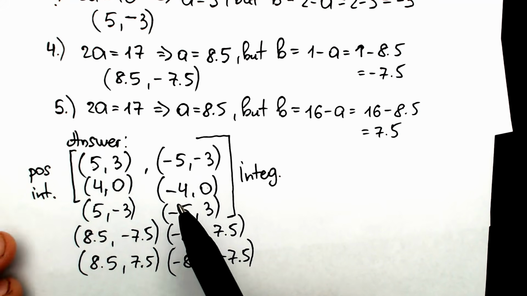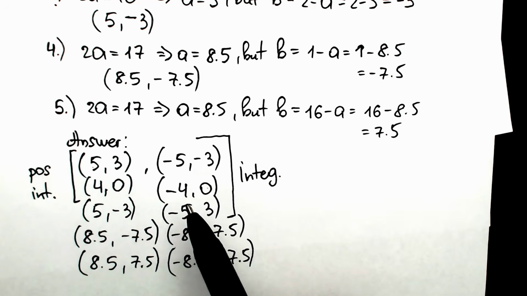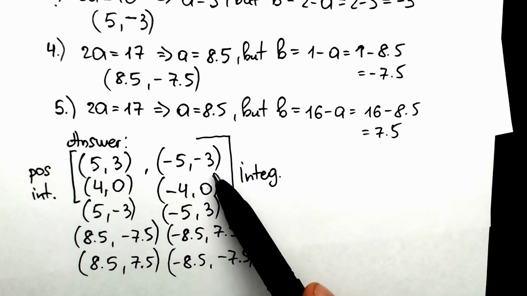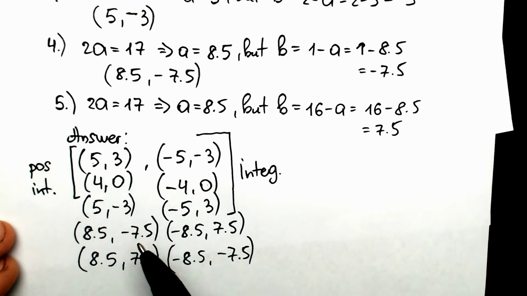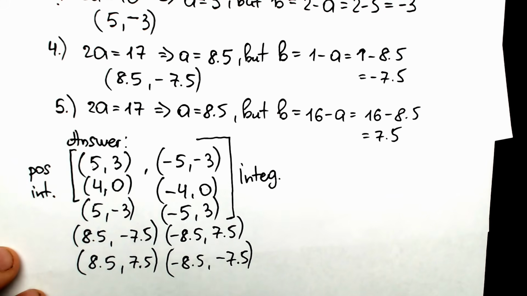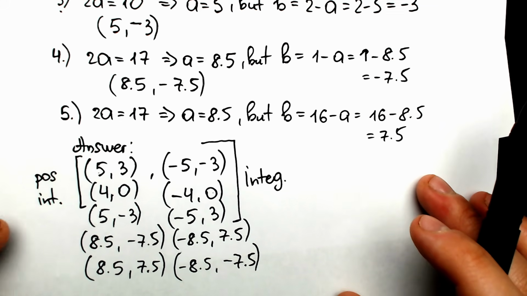So basically it depends on what you need to solve this equation for. If you need to solve it for positive integers, this one. If you want to solve it for integers in general, you need to write this one. If you want to solve this question fully, you need to write all 10 roots.